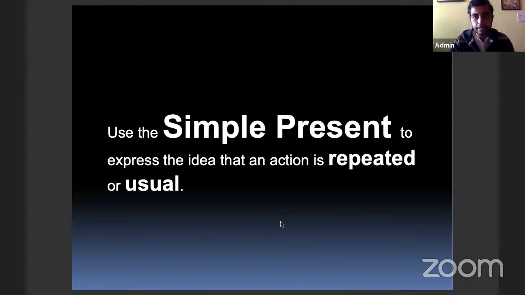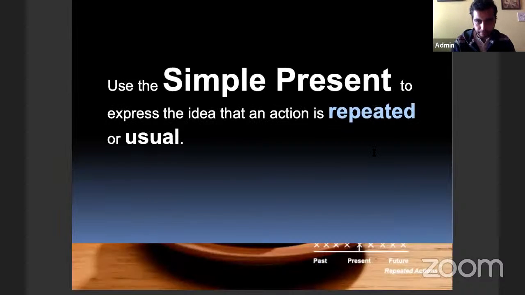Now again, like in past tense, we had simple past to indicate that an action or an event happened at some time in the past. Similarly, we have simple present to say that an action is repeated or it is usual.